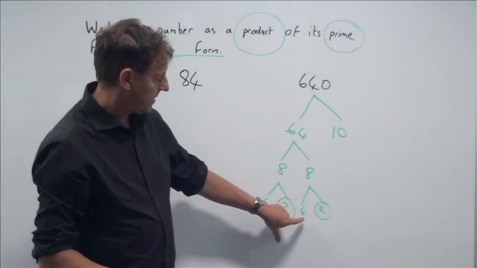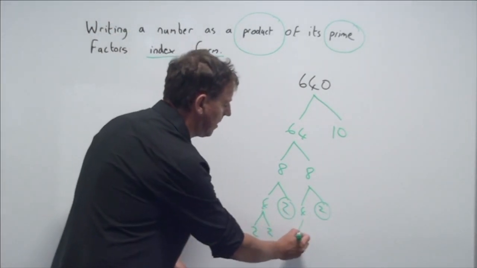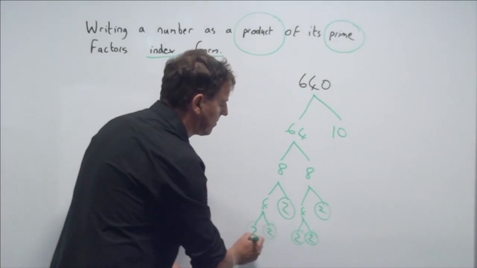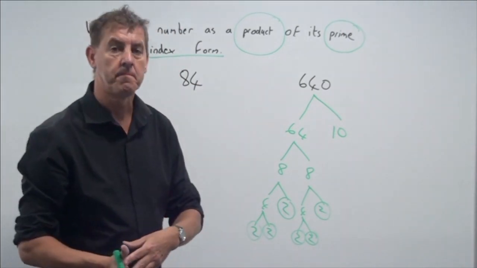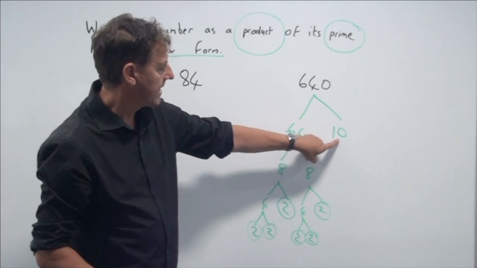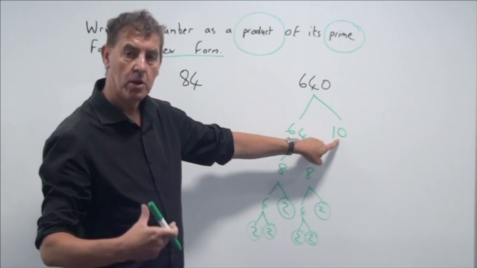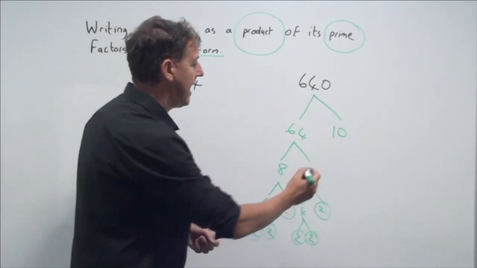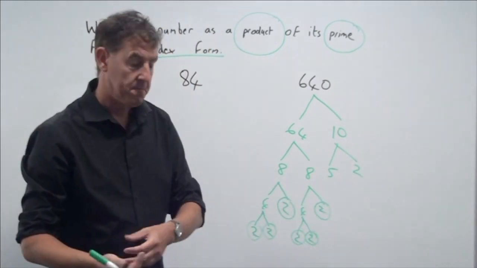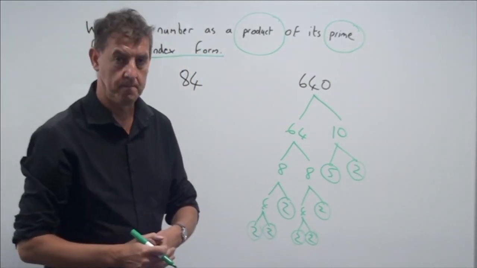I can break down these two 4s with 2 times 2 and 2 times 2. Circle, circle, circle, circle, because they are all prime. Now I go back up to my original 64 times 10 and break down the 10, as it's not prime. What two numbers multiply together to make 10? 5 times 2. They are both prime, so I put circles around them.